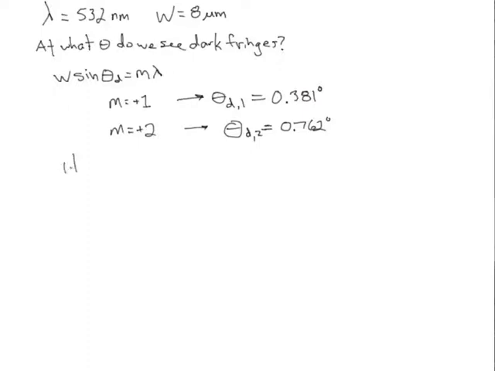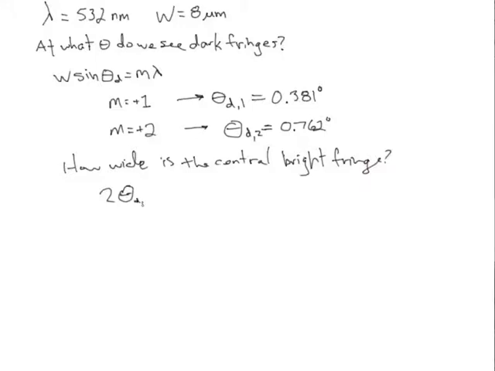So then we can also ask how wide is the central bright fringe. And we know that its width is 2 times theta dark 1.